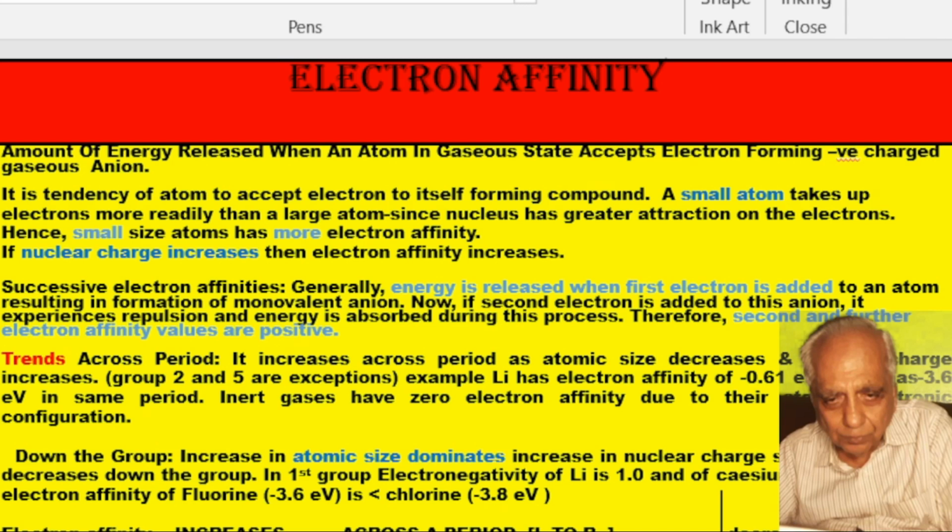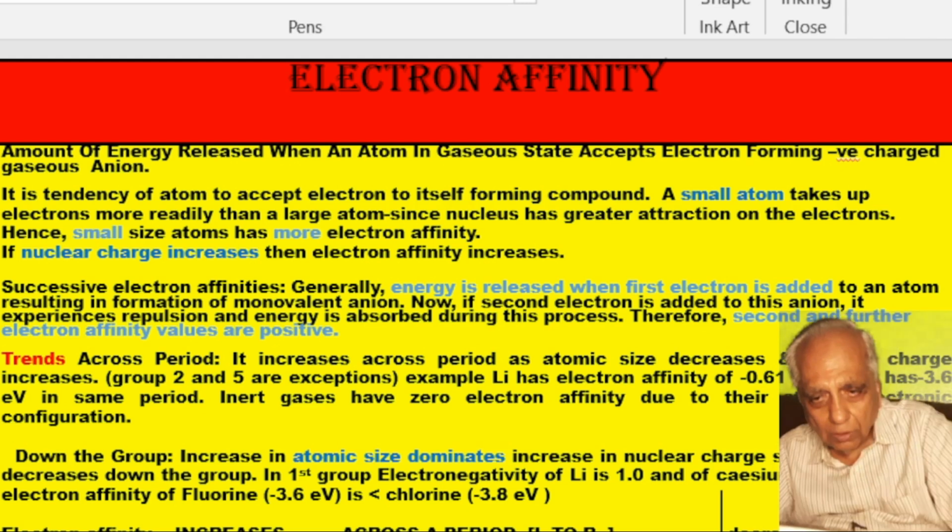You should learn these two points, then only you will be able to answer questions regarding electron affinity. Small size atoms have more electron affinity. Nuclear charge increases, electron affinity increases. Okay.